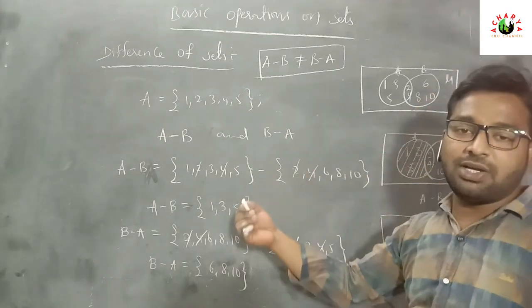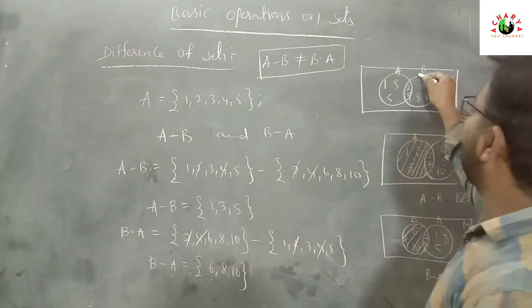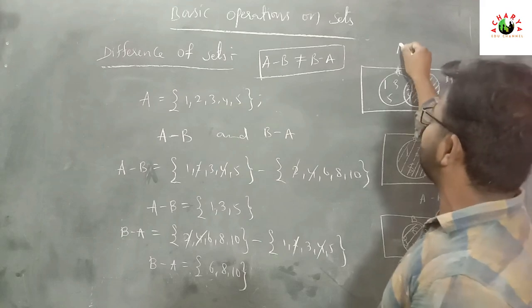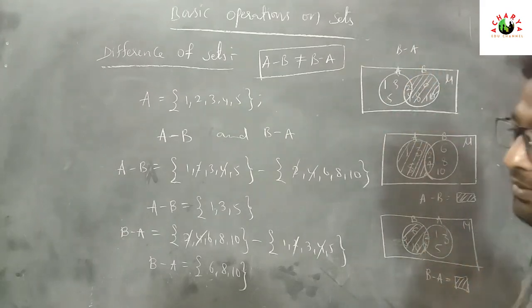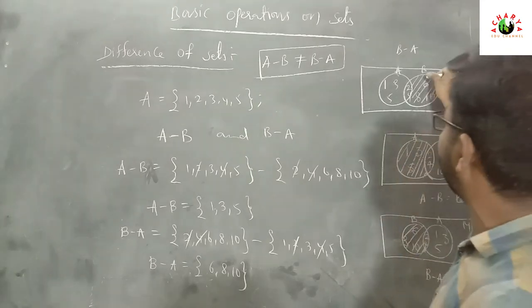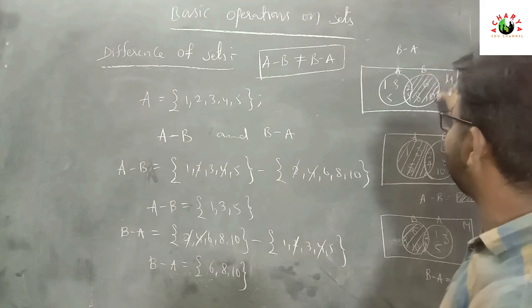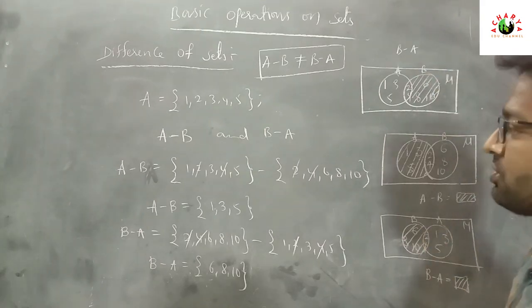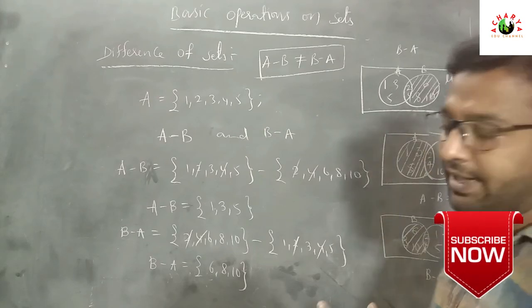When drawing the Venn diagram of B minus A, we shade the remaining elements of B. This one is also B minus A. Either AB or BA is not a problem, but the elements should be the same: the remaining elements of B are 6, 8, 10. So finally, A minus B does not equal B minus A.